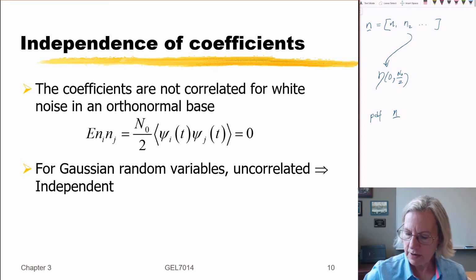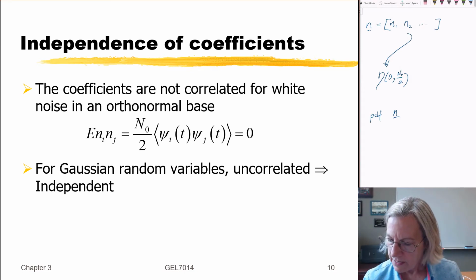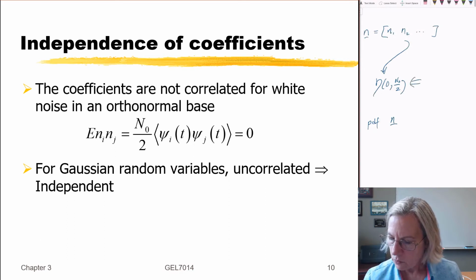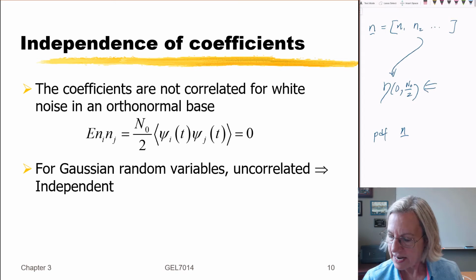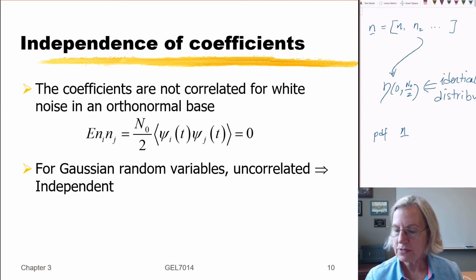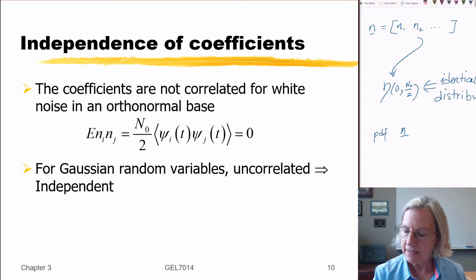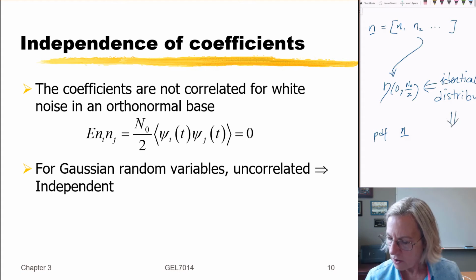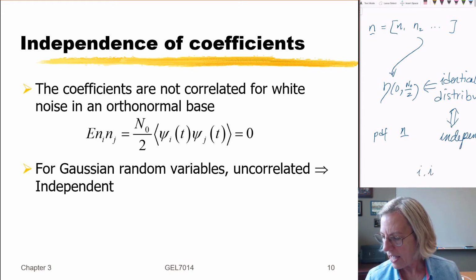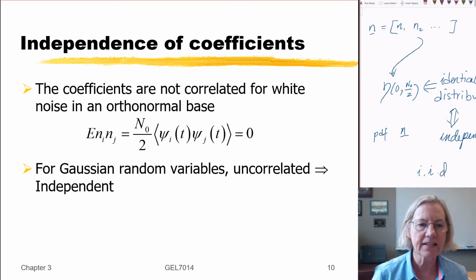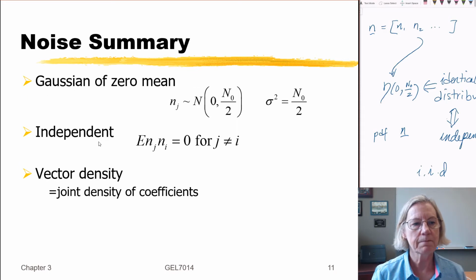So now, going back to these noise coefficients, I would say that not only are they identically distributed, by which I meant that no matter which index I used, they had the same density, I can also say that they are independent.